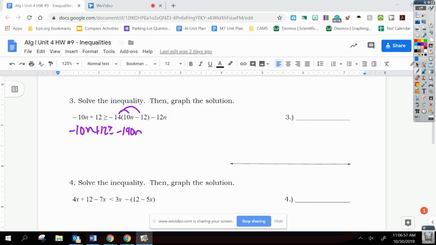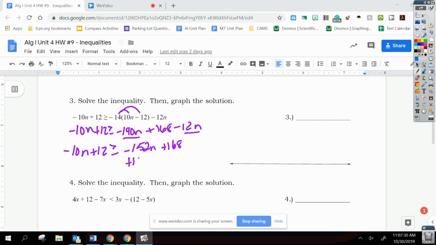Negative 14 times negative 12 is a positive 168. Still things we have to combine. Negative 10n plus 12 is greater than or equal to negative 152n plus 168.